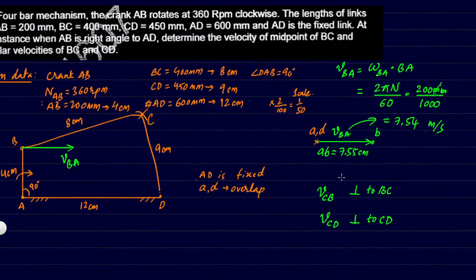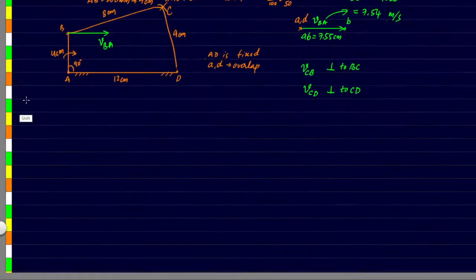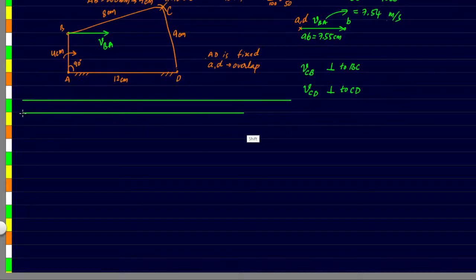So let's now go ahead and draw that velocity table. First, we will do the notation. Next, let us write down the direction. Once we have the direction, let's find out the value in meters per second, and then the drawing length in centimeters.